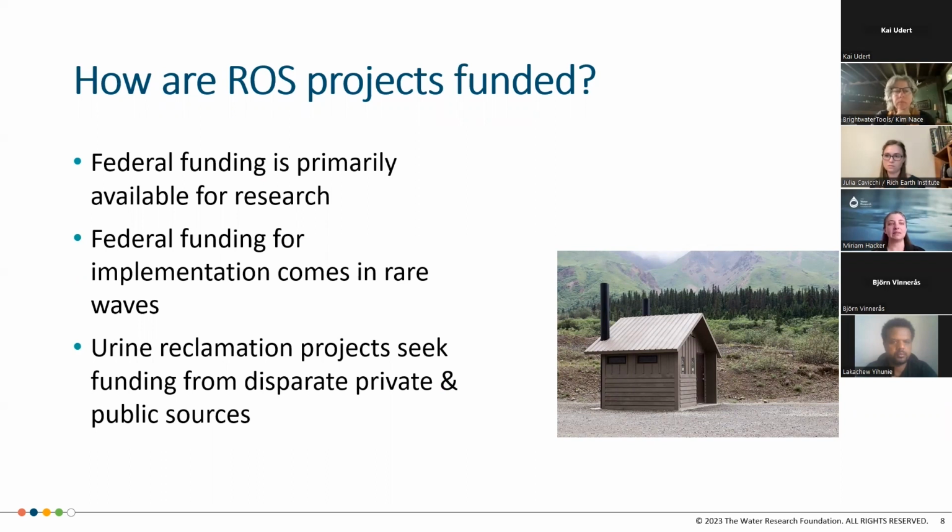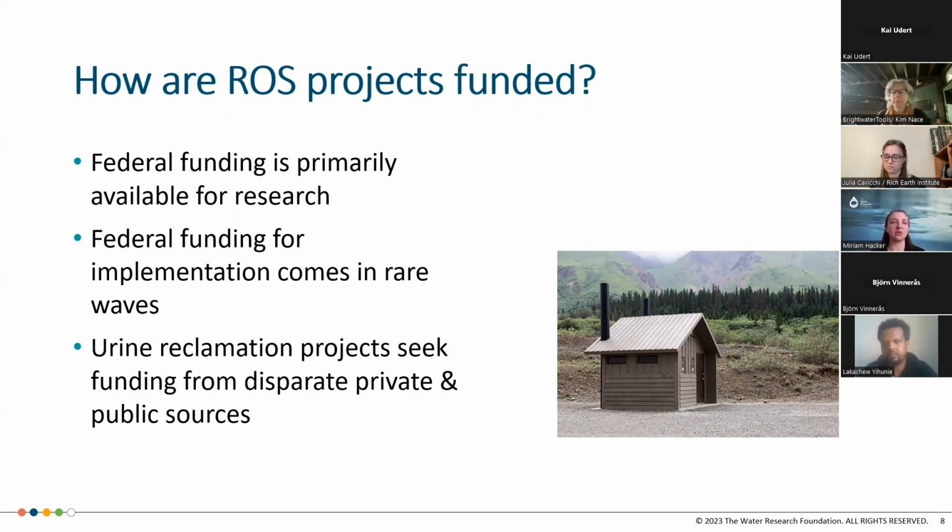But it's not as common to have designated funding for these types of projects. And so what that's requiring is some creativity with trying to identify either private funding sources or being able to take advantage of those waves of funding that come in at a federal level, and being able to find what the topics of priority are and how they apply to resource-oriented sanitation.